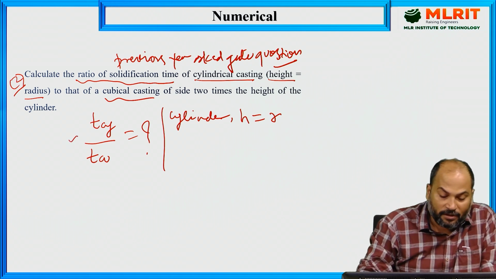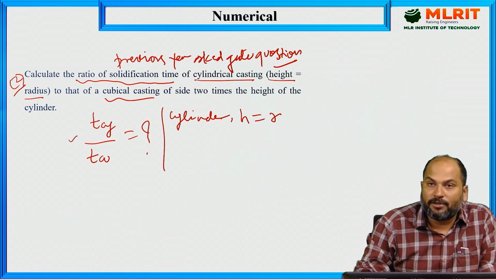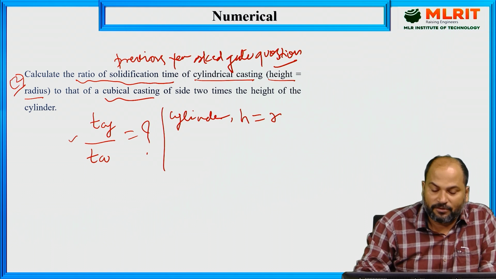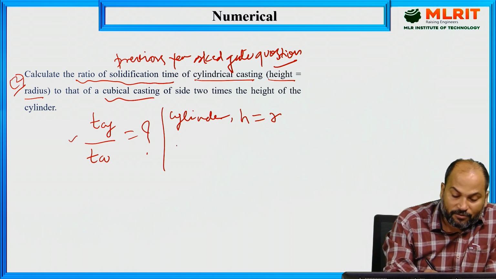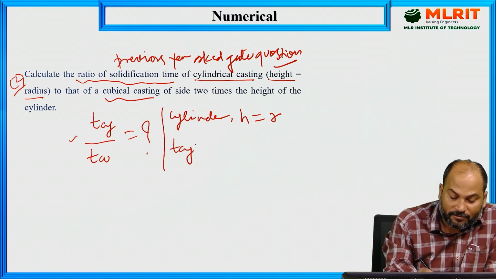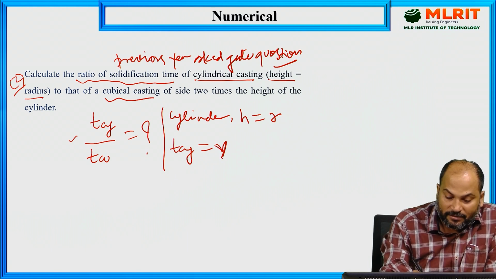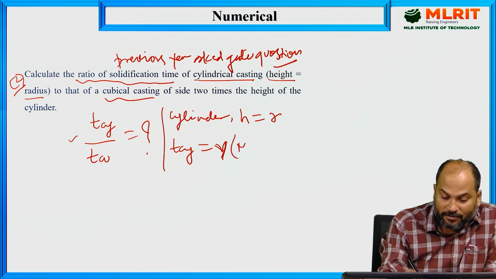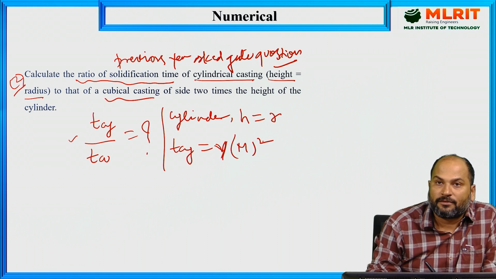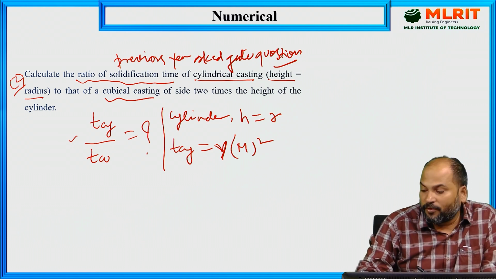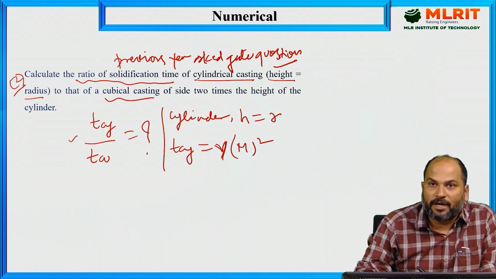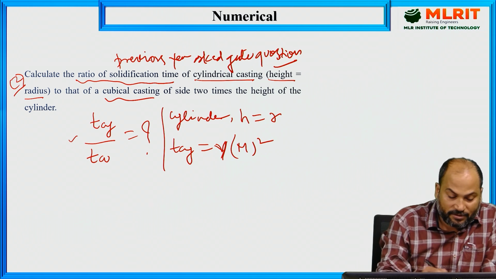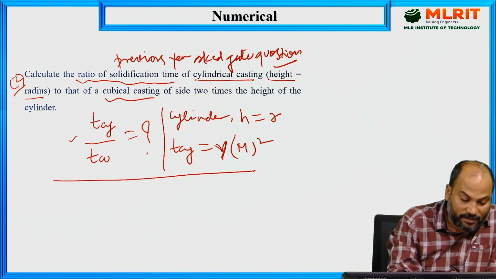First of all, we'll calculate the solidification time of the cylinder. We know the formula: solidification time is gamma, the solidification factor, times the square of the modulus. Modulus is volume upon surface area, so we need to calculate volume and surface area separately.